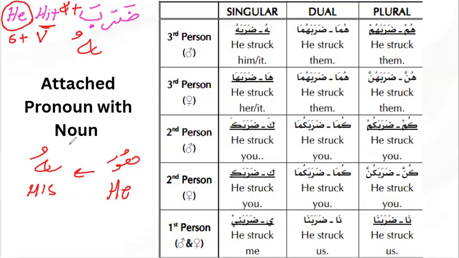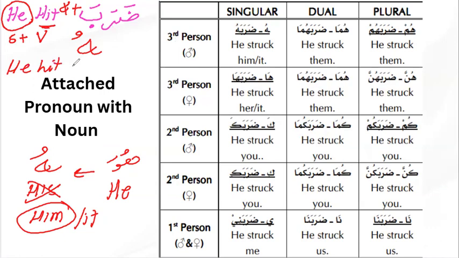But when this hu comes attached to a verb, it is not his anymore. It becomes him. Then we use the meaning of him or it. So darabahu becomes he hit it or he hit him, depending on if the hu is referring to a living person or a non-living thing. Does that make sense?